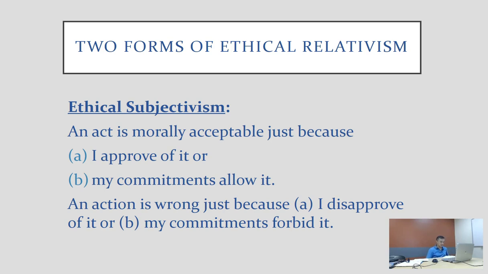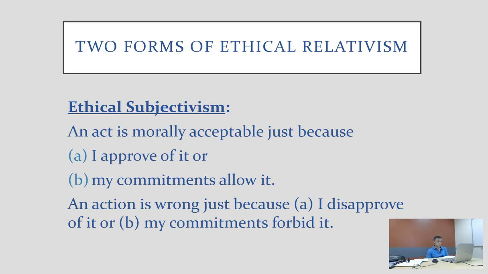That's crucial here, and I'll put this marker down as something to look for in this discussion: if subjectivism is correct, that means each person's moral standards are equally plausible. Let that sink in for a second.